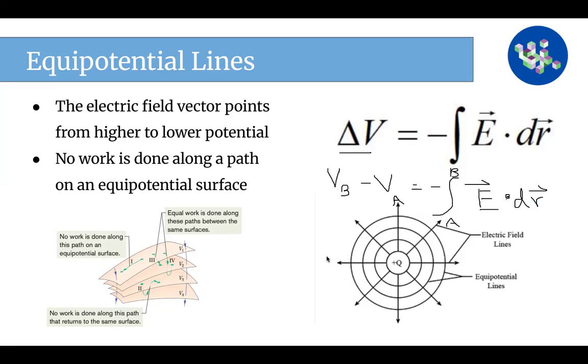So this tells us that electric field points from higher to lower potential. Because if VB had a higher potential than VA, this expression would be positive. And because of this negative, this expression will be negative, which means that E points from B to A. If you see the example, these are your electric field lines.